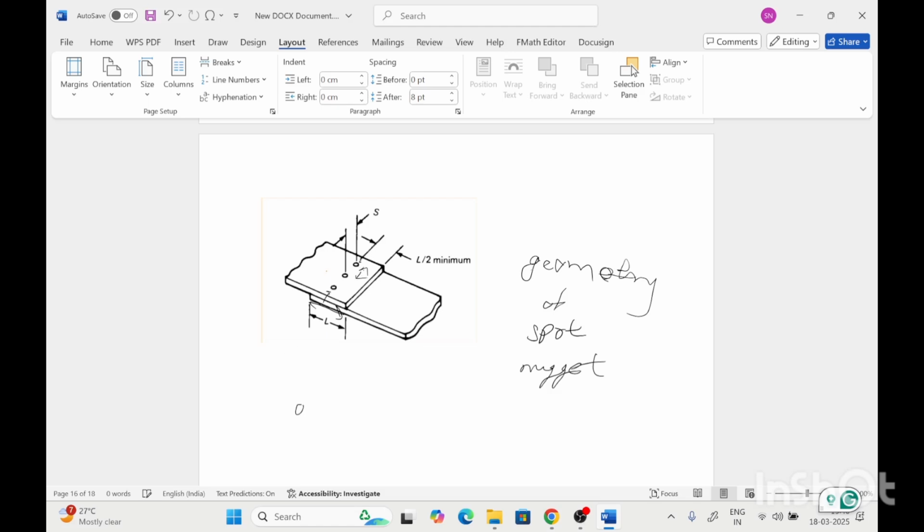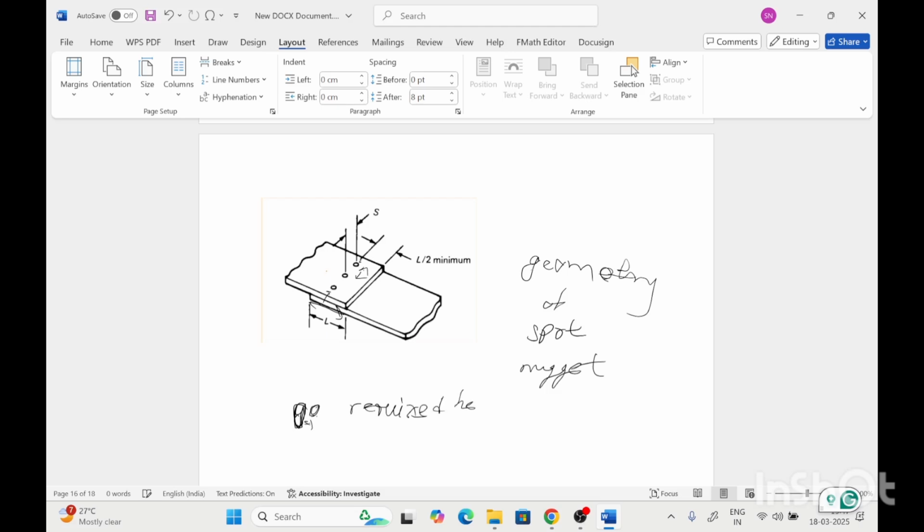If we weld the spots very near to each other, the first welding joint is already created, and if we make the second joint near to this, then due to this contact the current will flow very easily, and that will not provide the required amount of heat, because the resistance is reduced due to the very small distance between two weld joints.